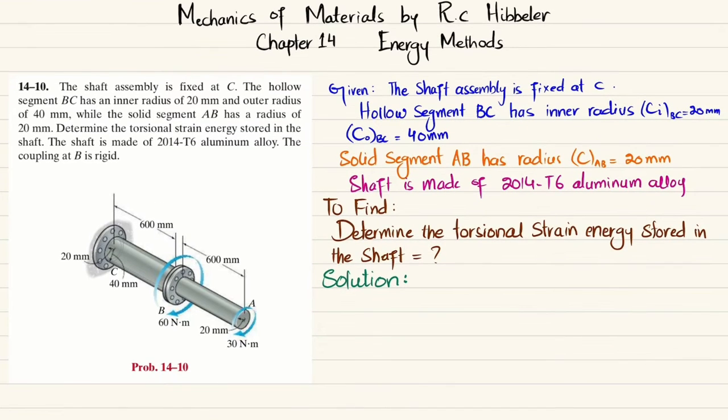So let's start with the solution. As we know that strain energy due to torsion is equal to the sum of T square into L divided by GJ. Why this formula? Because you can see we have two different sections.